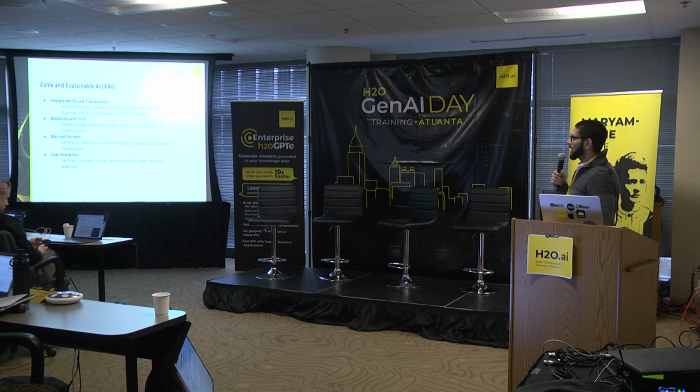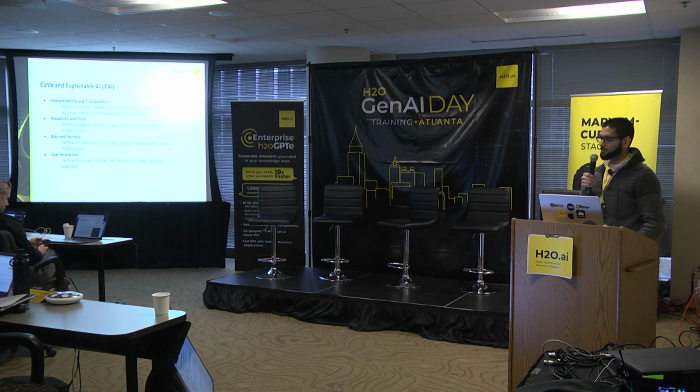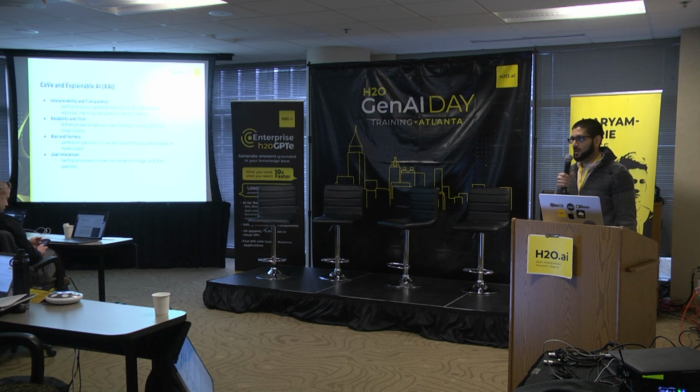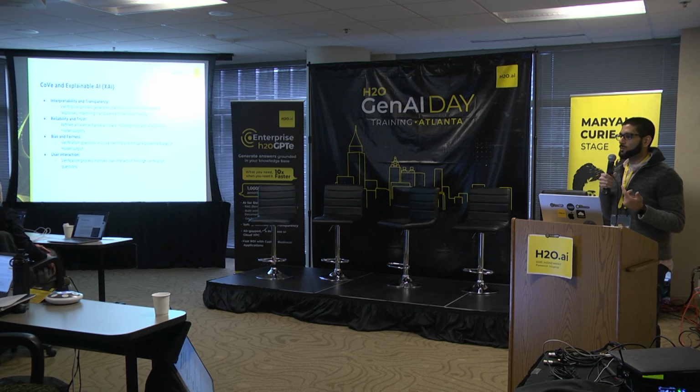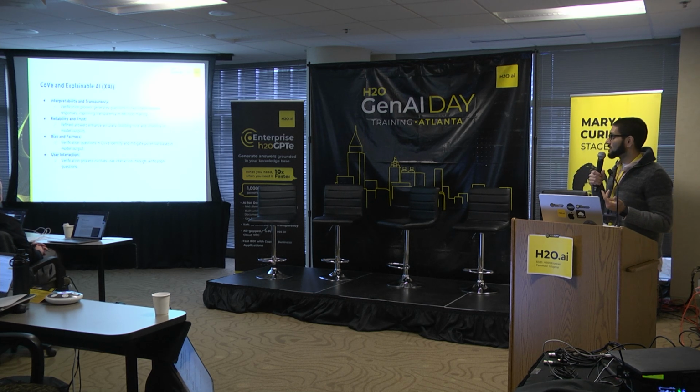Now we'll talk about how it's related to explainable AI. These are just 4 subtopics I broke apart for how it's related to explainable AI. The first part is interpretability and transparency. The verification process itself is a good way to fact check the baseline responses, and by doing that, you improve transparency.